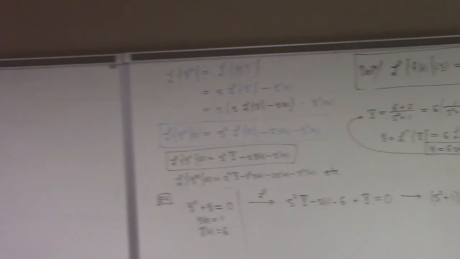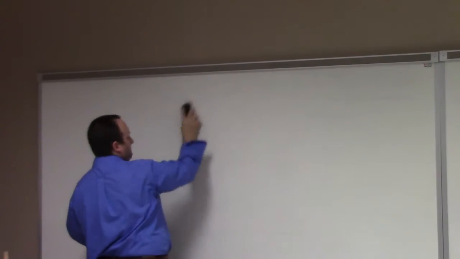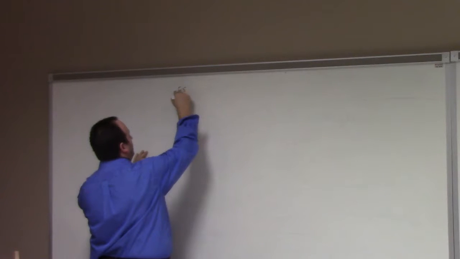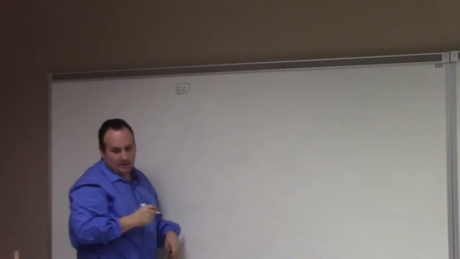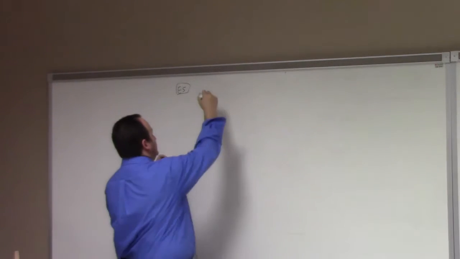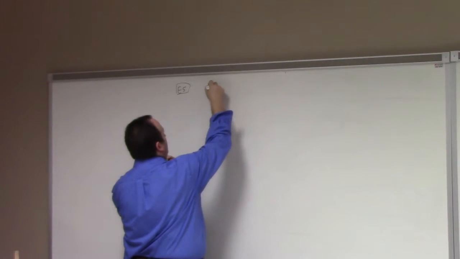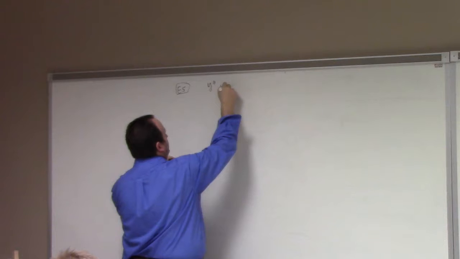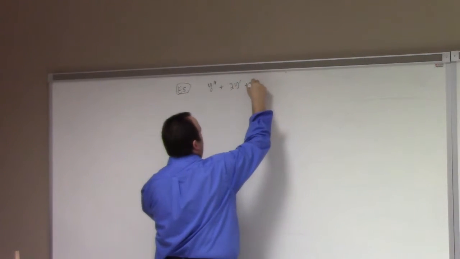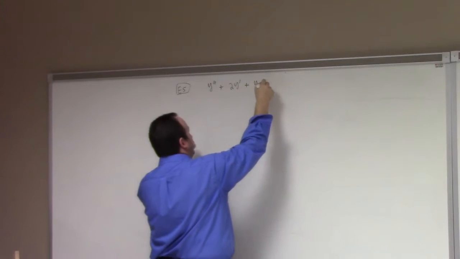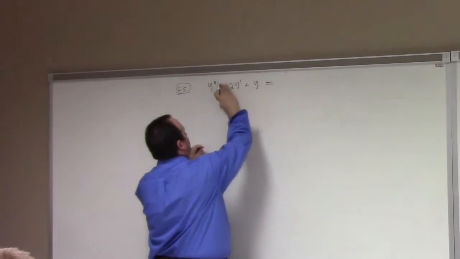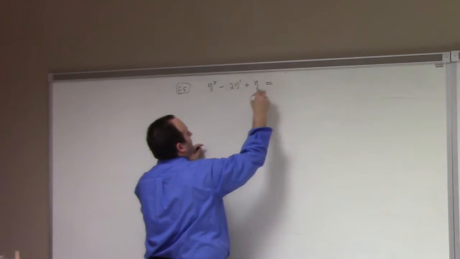Let's go looking for trouble. Example 5. Let us try to solve y double prime plus 2y prime plus y, right, equal to, I'll make that a minus 2y prime, e to the t.